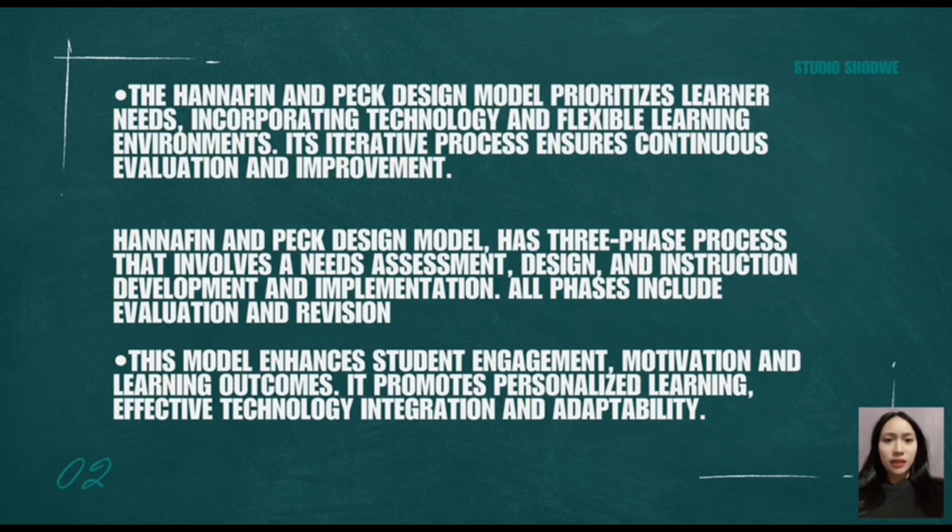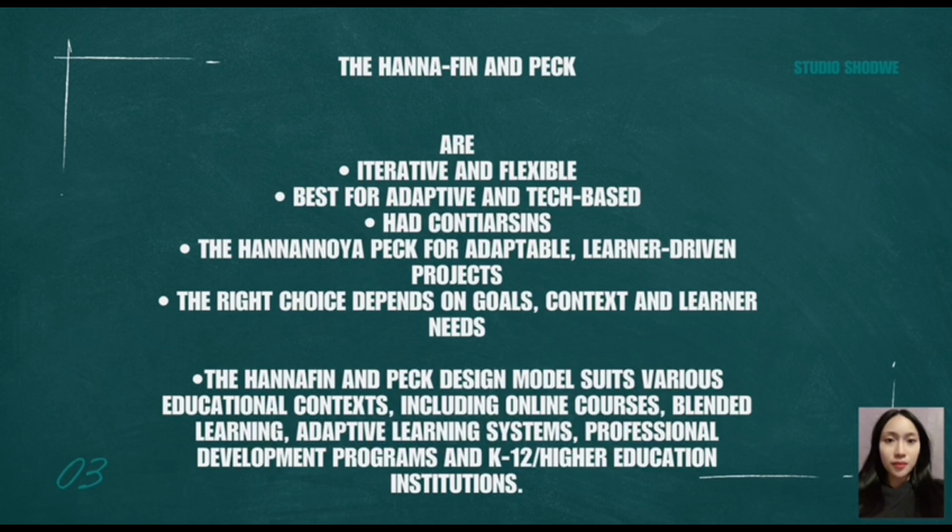This model enhances student engagement, motivation, and learning outcomes. It promotes personalized learning, effective technology integration, and adaptability. The Hannafin and Peck model is: 1.